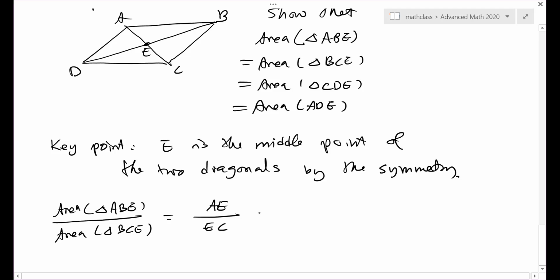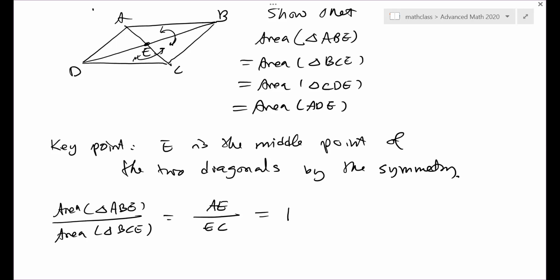But AE equals EC, that's why it equals 1. Then those two triangles are similar, right? And similarly, these two triangles are similar. So you can go around, and all of them have the same area.